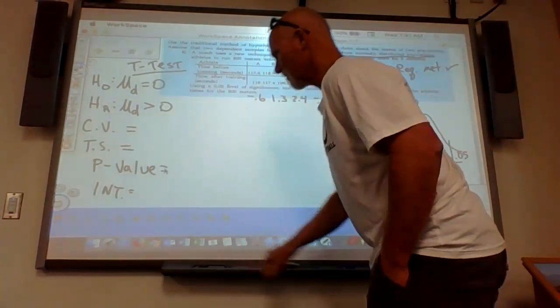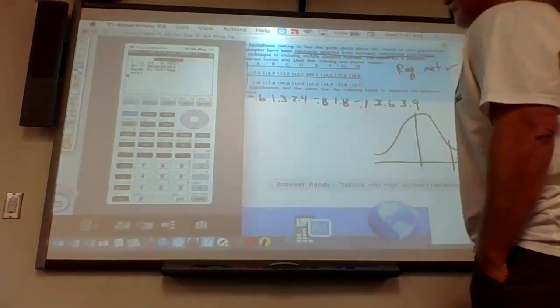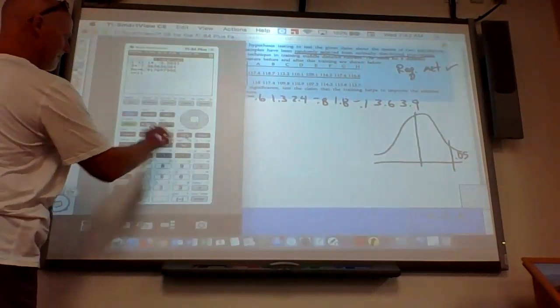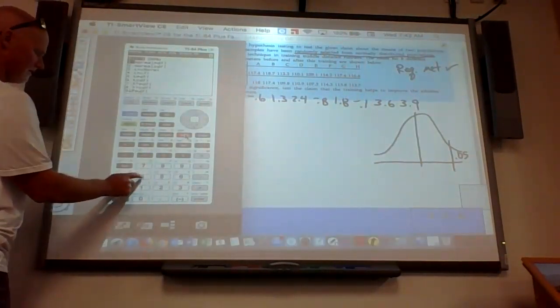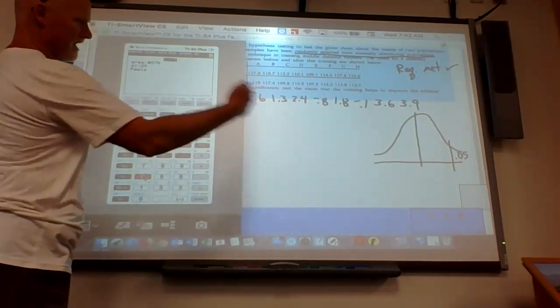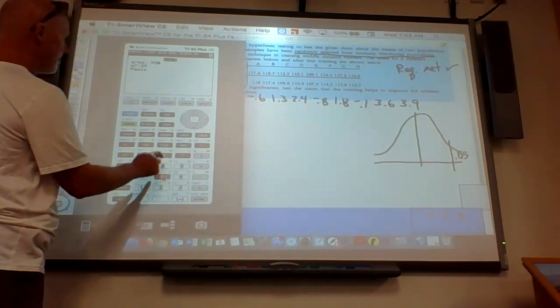So now we're going to go to inverse t. So second bars, number 4, inverse t. The area that we need is the area to the left, so we're going to put in 0.95.